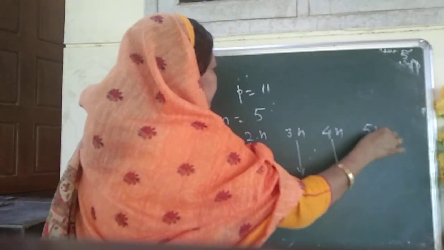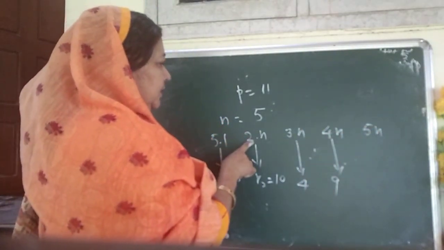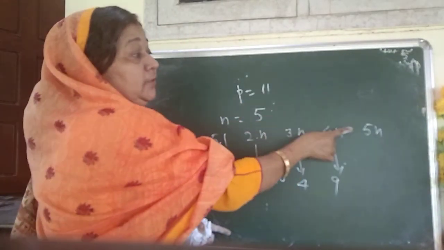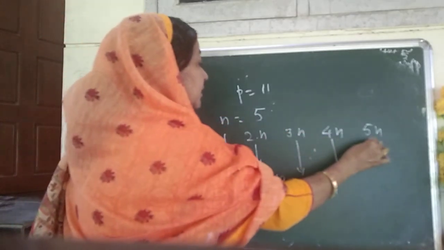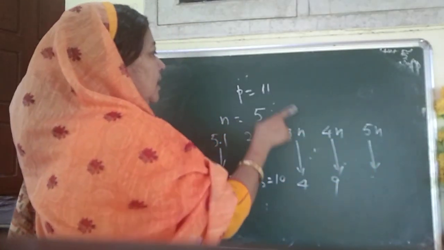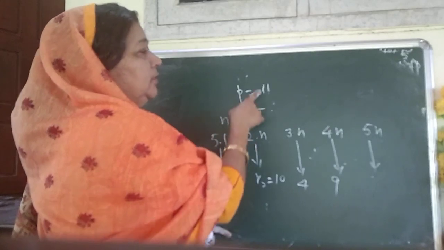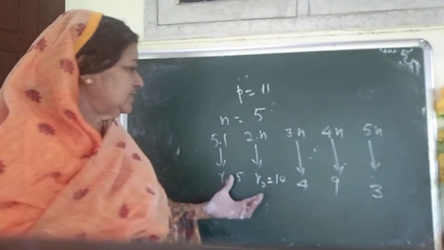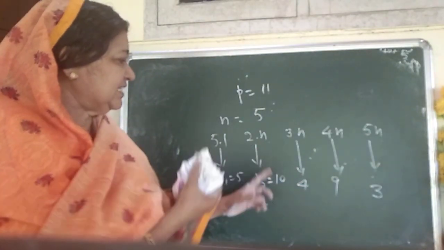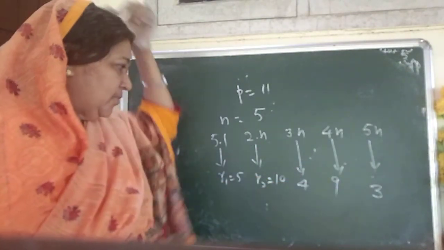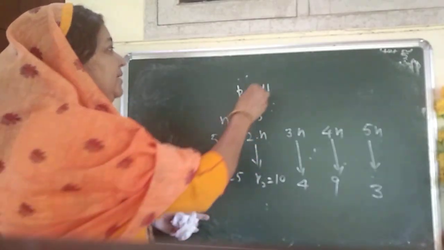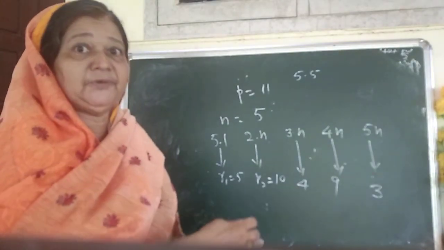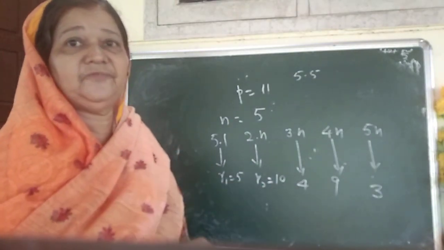Then 1 into n, 2 into n, 3 into n, 4 into n, up to (p minus 1)/2 into n. (p minus 1)/2 is 5, so 5 into n gives 5 into 5, 25, and 25 by 11 gives residue 3. Now p/2 is 5.5, so some are less than 5.5 and some are greater than 5.5.